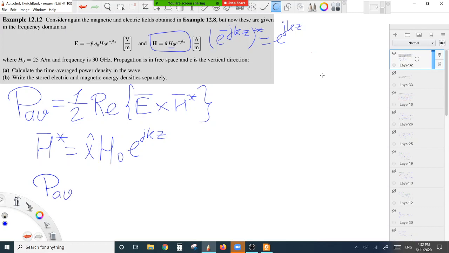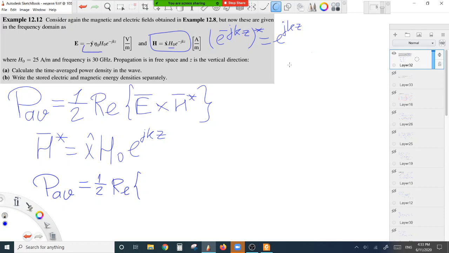P average, time averaged Poynting vector or time averaged power density is equal to 1 over 2 the real part of E cross H complex conjugate.